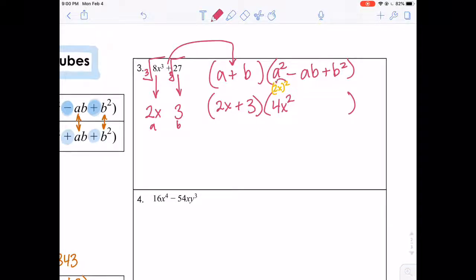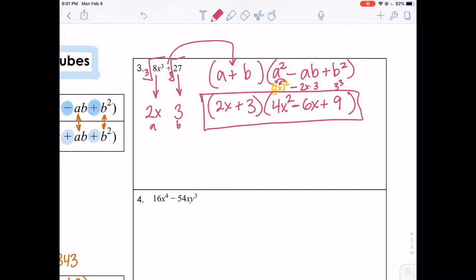Right, so the 2 went on here, and the 2 went on here. And then minus, and a is 2x times b, which is 3. It's going to make 6x. And then plus b squared would be 3 squared, which would just be 9. So this is my final answer.